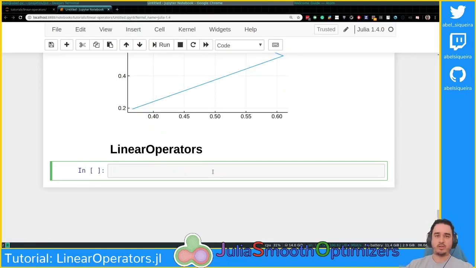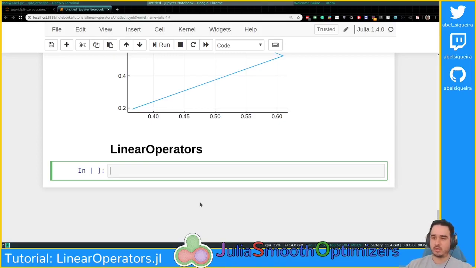So essentially, a linear operator, in the package sense, implements a linear operator in the linear algebra sense. What I mean by that is that instead of defining a matrix, either a sparse matrix or element-wise in some way, we're going to define how a matrix behaves on a vector.